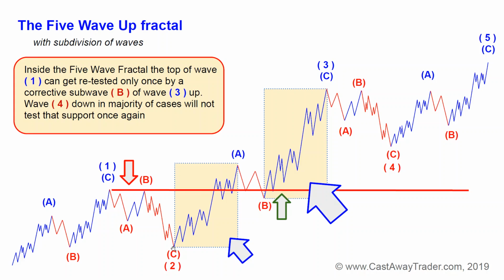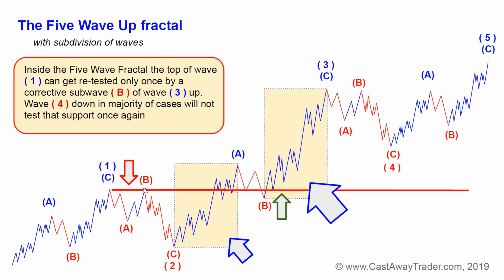But what is really important is that the top of wave 1 up normally creates a very strong support zone. Sometimes it goes deeper, and then the top of subwave A of wave 1 creates such a strong support zone. The deeper corrective subwave B down goes underneath that level, normally the stronger the following reaction is when the strongest part of the rally in subwave C of wave 3 starts.